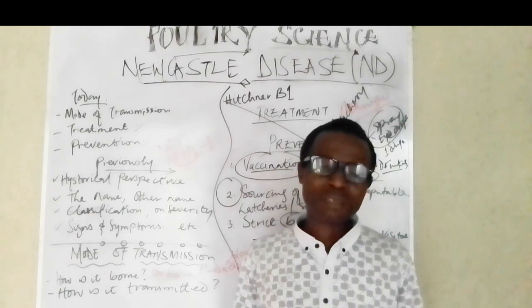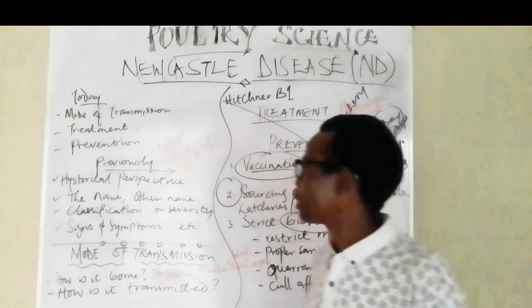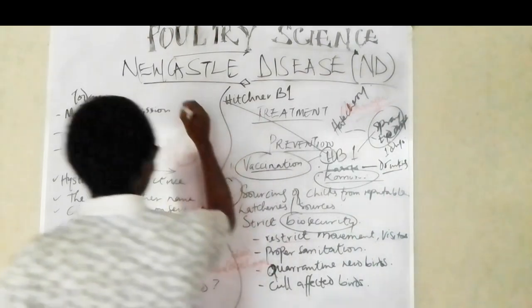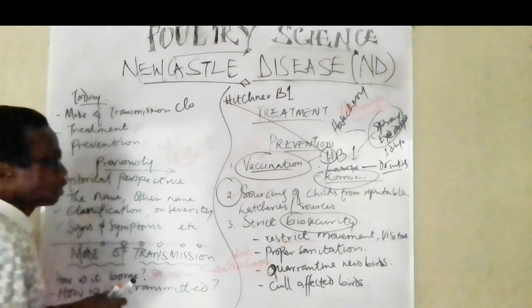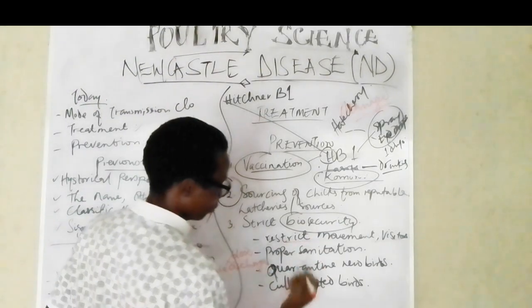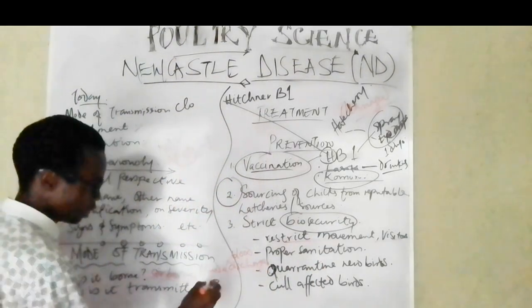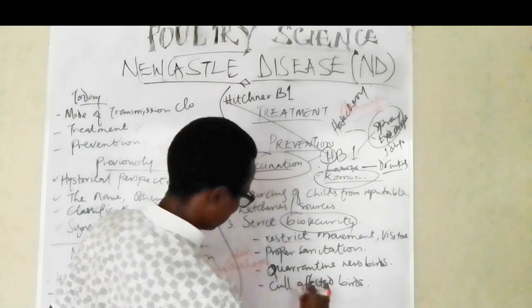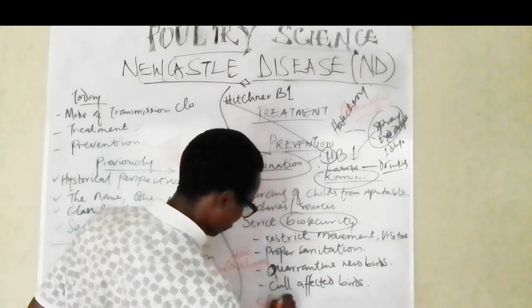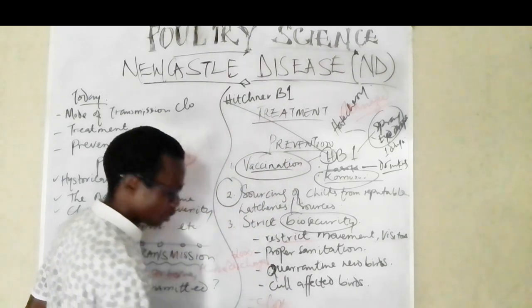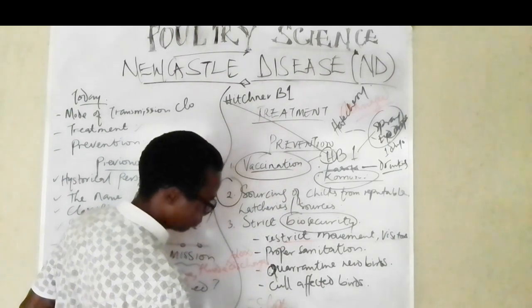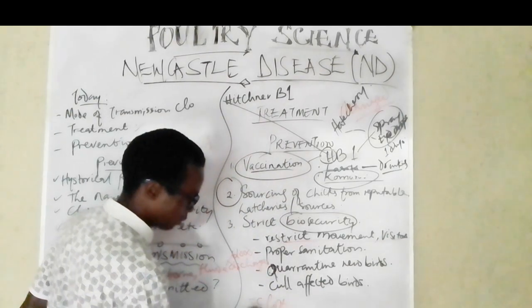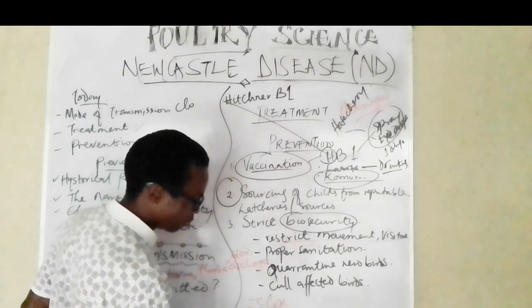And also, the virus can come in through the clothes of persons. Modes of transmission can be through the cloth, through sacks, and through trays of eggs.